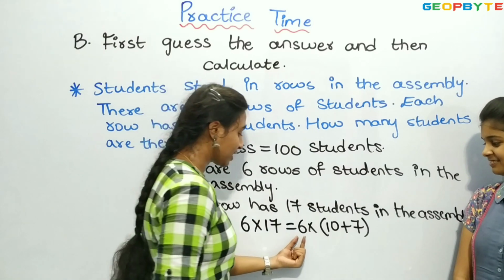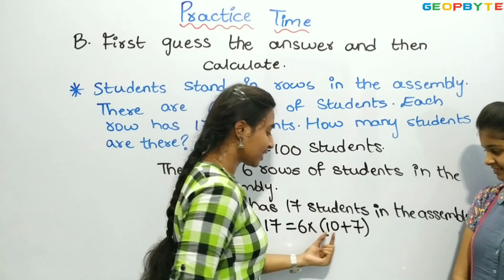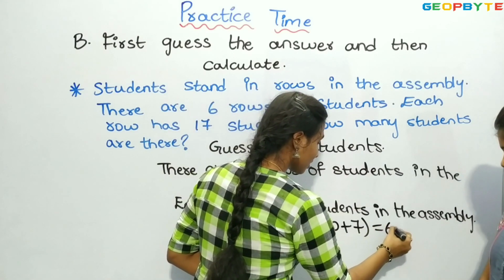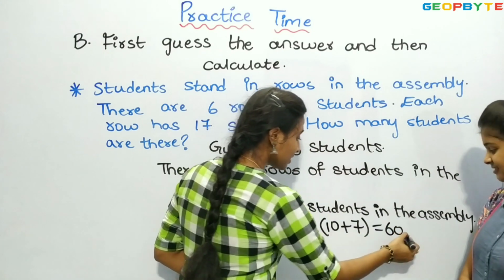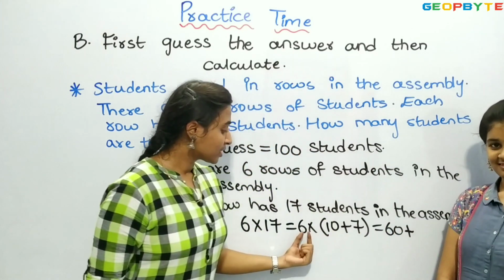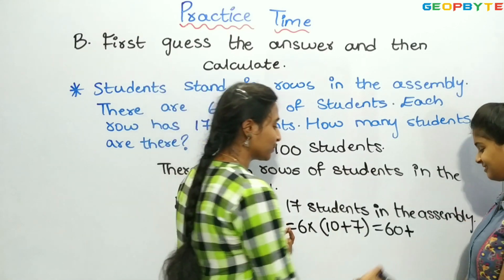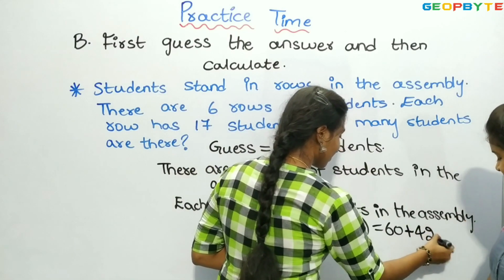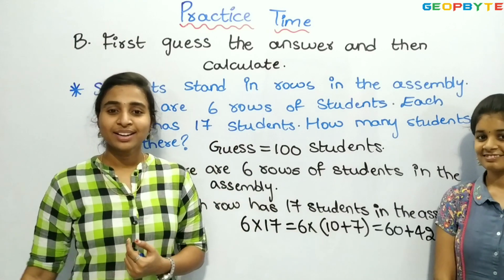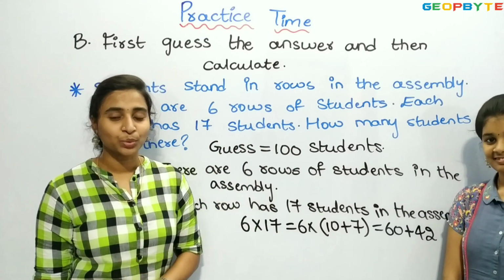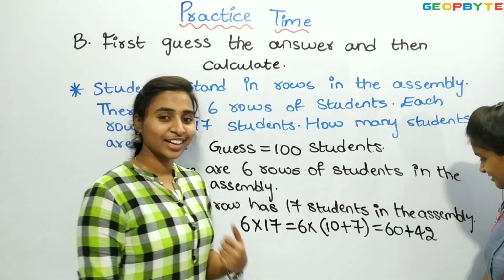First let us multiply 6 with 10. 6 tens are 60. Plus 6 into 7, 6 sevens are 42. So children, 60 plus 42 is nothing but 102.